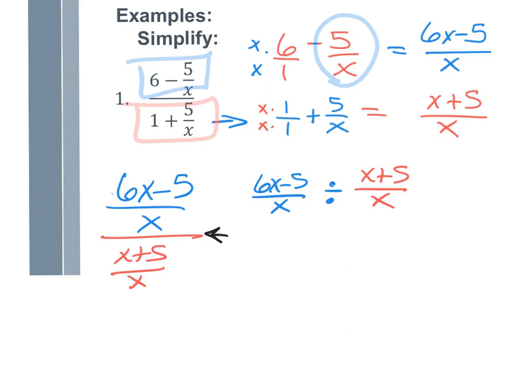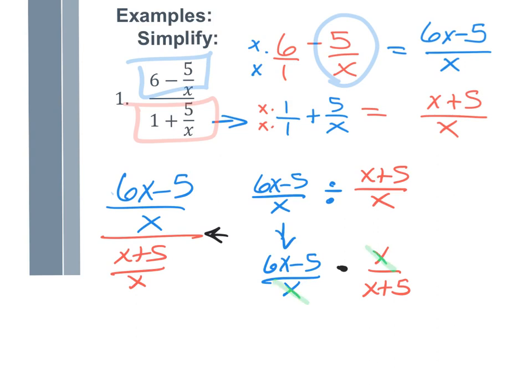So again, remember, you're going to do your keep, flip, change or your stay, change. So I'm going to keep the blue fraction the same. I'm going to change the problem to multiplication and flip the red fraction upside down. And now I'm going to look for things to simplify. So I can only simplify the x's.